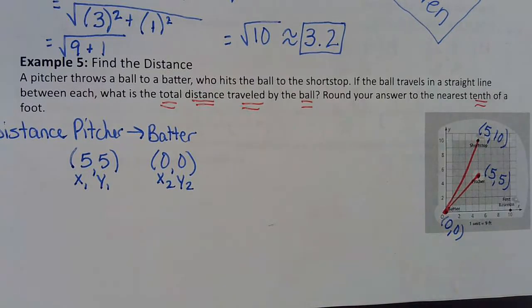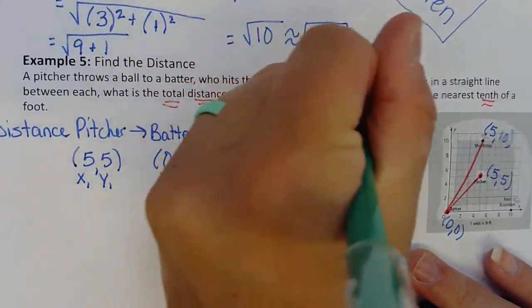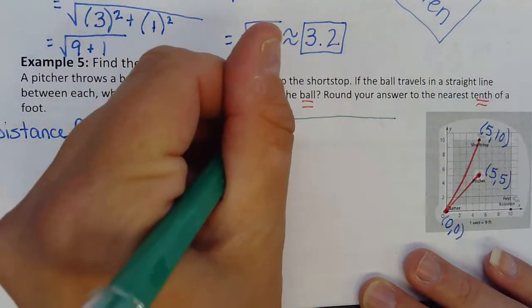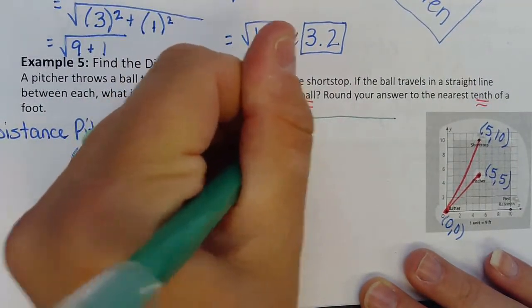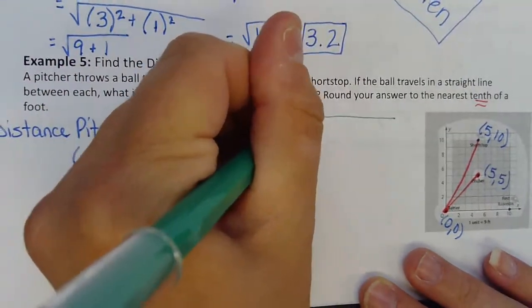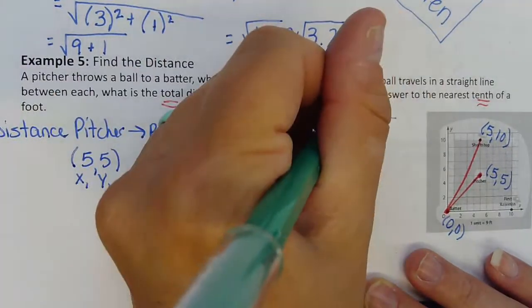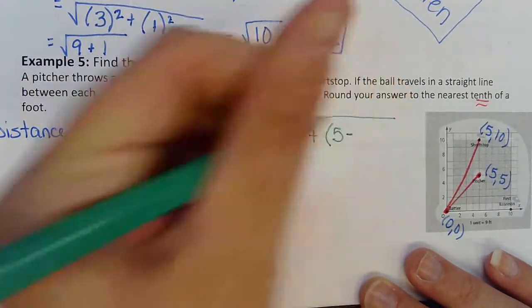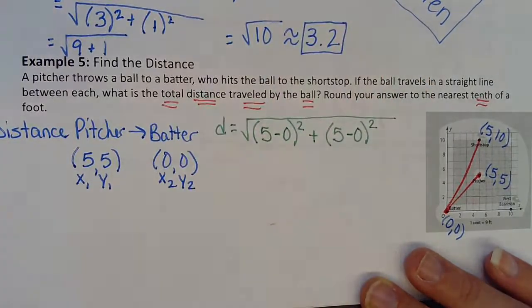So to find the distance equals, and you put a big square root sign, and then there's a parenthesis, x1, which is 5, minus x2, which is 0, squared, plus, parenthesis, y1, which is 5, minus y2, which is 0, squared.